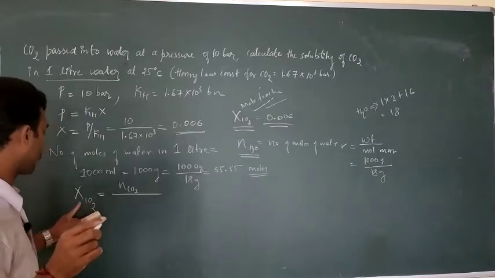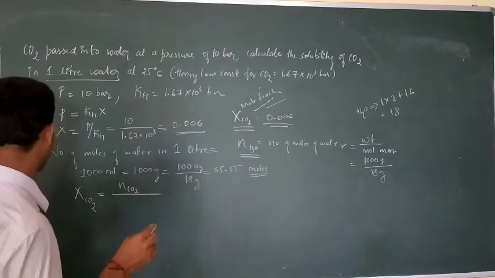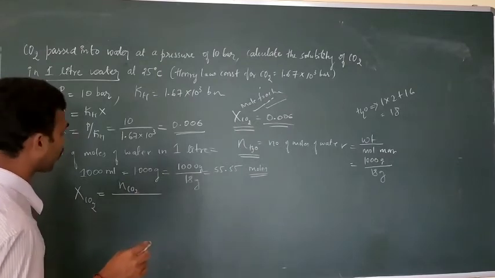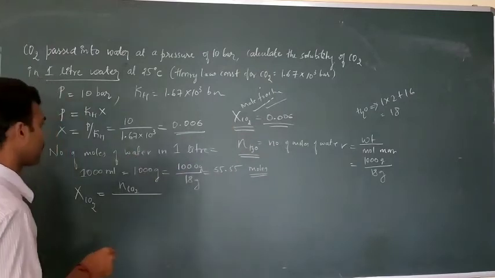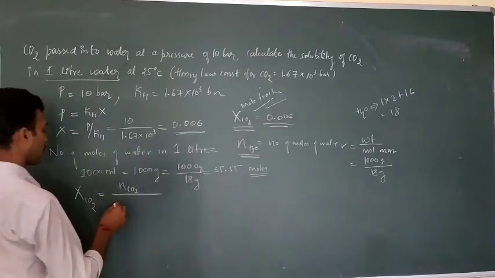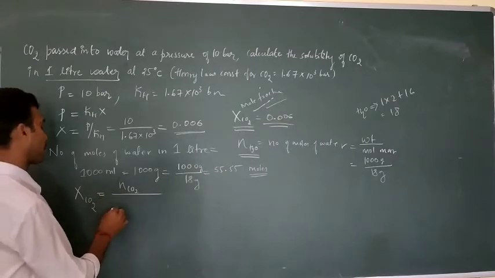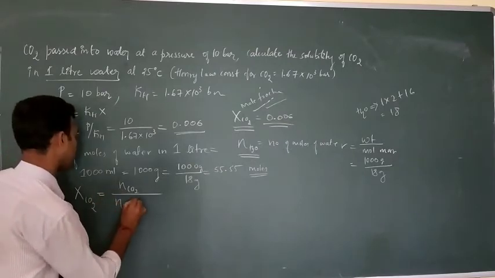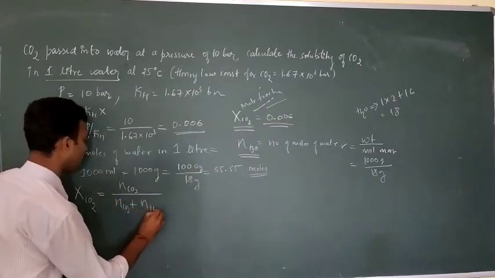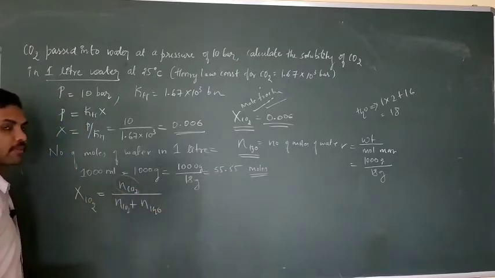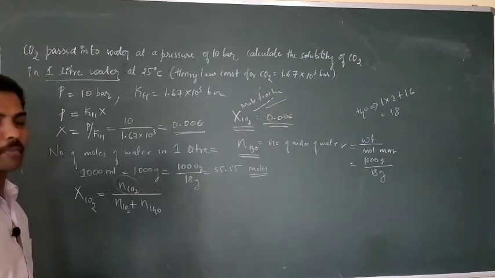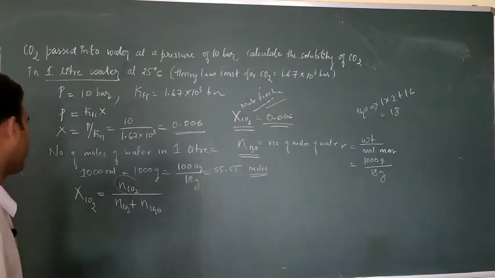So now we require the mole fraction of carbon dioxide, which we have already calculated. The value of X carbon dioxide is the number of moles of carbon dioxide divided by the number of moles of carbon dioxide plus the number of moles of water. We need to find how many carbon dioxide moles are dissolved in that particular 1 liter of water.